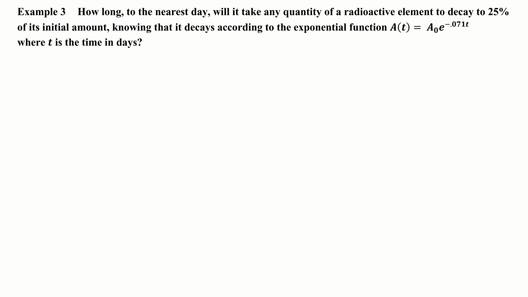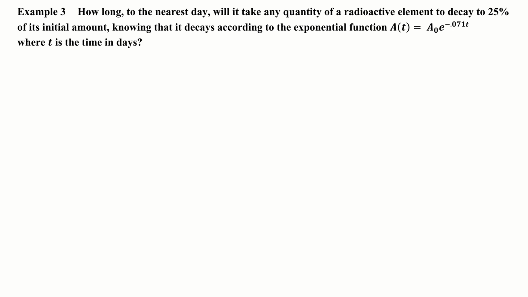Okay, here's another way you may see the problem phrased. How long to the nearest day will it take any quantity of a radioactive element to decay to 25% of its initial amount, knowing that it decays according to the exponential function A of t equals A0 e to the negative 0.071 t, where t is given as time in days here.